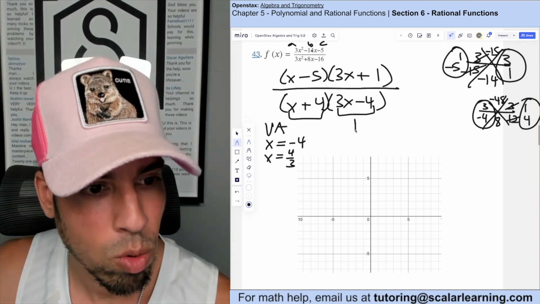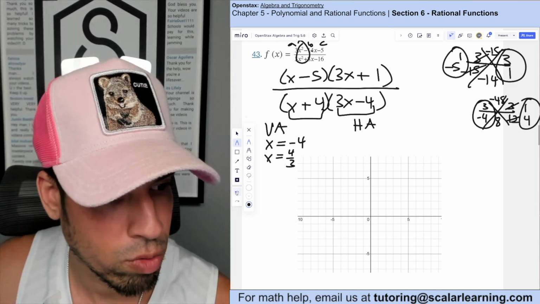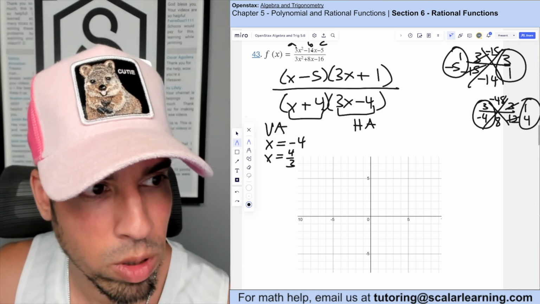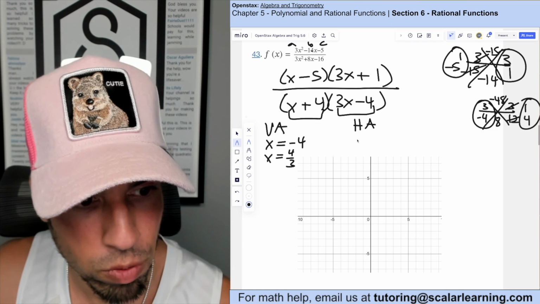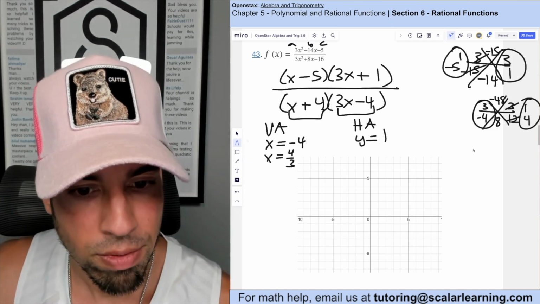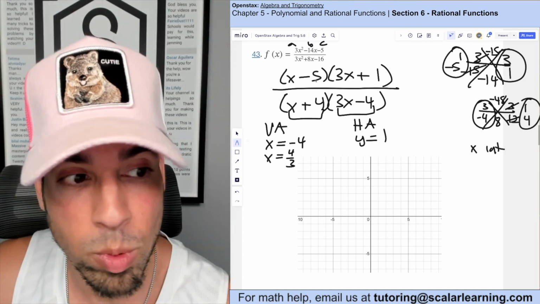Now, what about the horizontal asymptote? Since we have equal degrees, we've got a horizontal asymptote, and the horizontal asymptote will therefore be at the ratio of those two leading coefficients, 3 over 3, which equals 1. There's a nice horizontal asymptote. Now we can find those nice x-intercepts, which are going to occur when the numerator zeroes out.